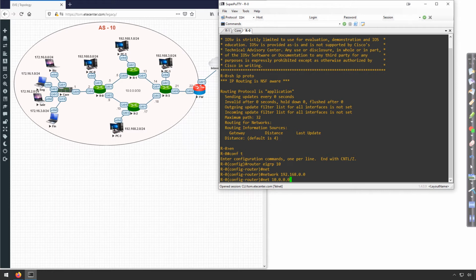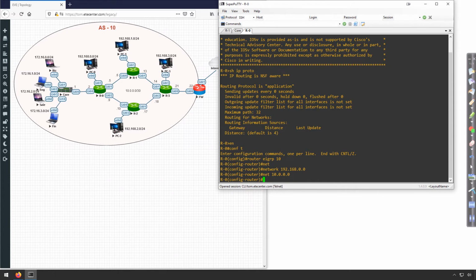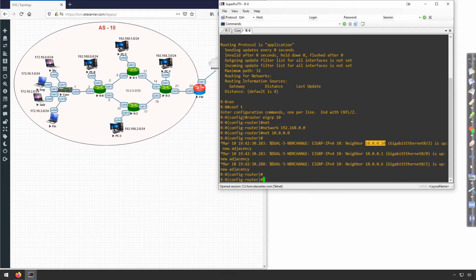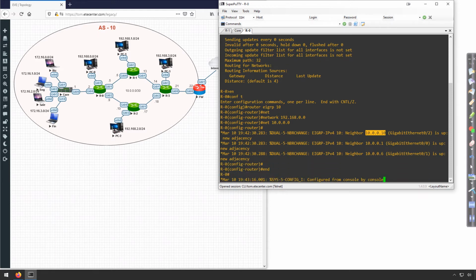As soon as I hit enter here, we should have 3 neighbors: the core, router 1, and router 2. And there are the 3 messages of new adjacency. The 10.0.0.1 is the core switch, the 10.0.0.6 is router 1, and 10.0.0.10 is router 2. And you can see how easy it is to enable EIGRP on a Cisco device.